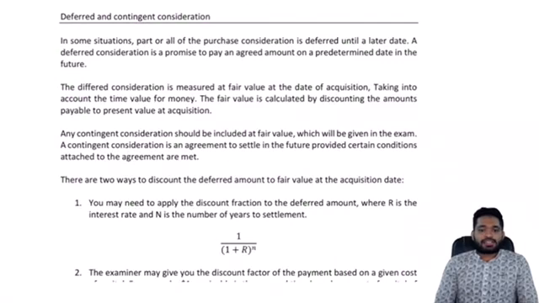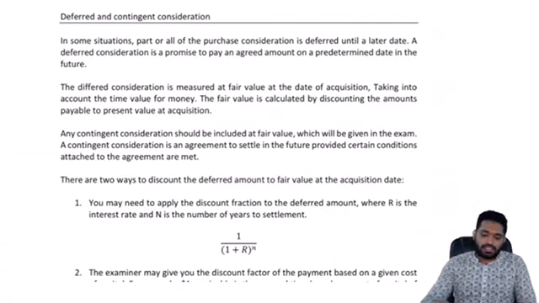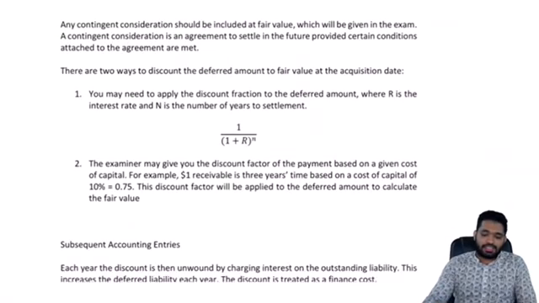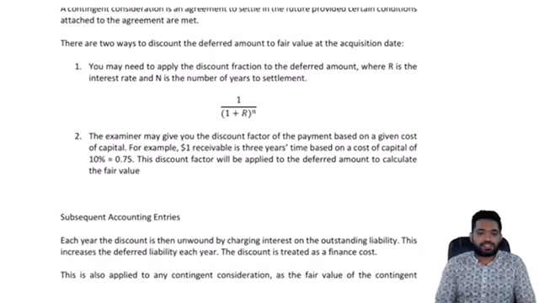So when it comes to your examination, to calculate the deferred consideration, there are two options. One, they would ask you to use the discounting fraction, and the second one is they would give you the discount factor.